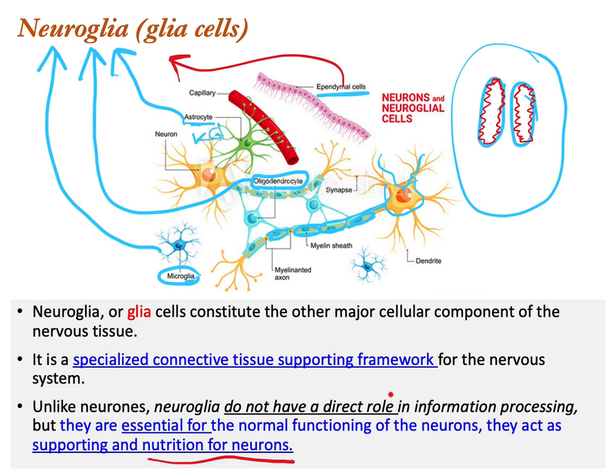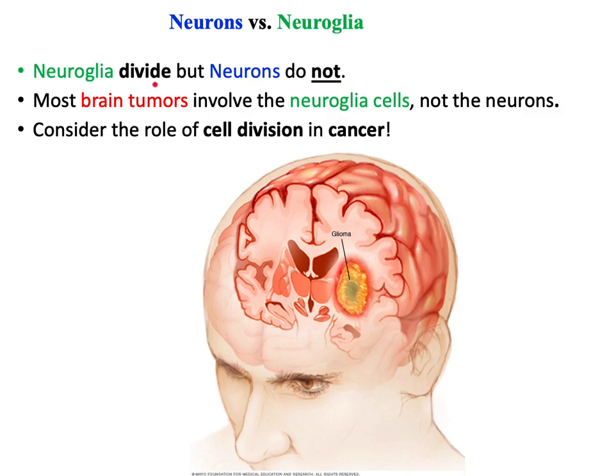So we are so thankful for glia cells, but unfortunately, you have to know, this is important, right? Neuroglia cells divide. So glia cells divide, but neurons mainly don't divide. That means when you lose your neurons, they will not be replaced.